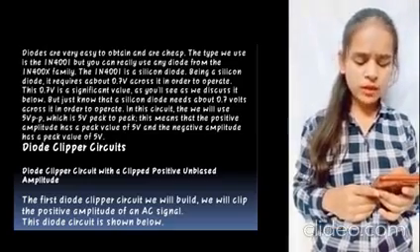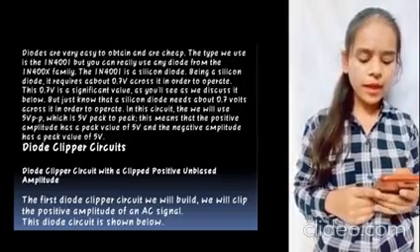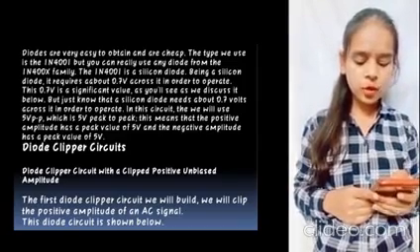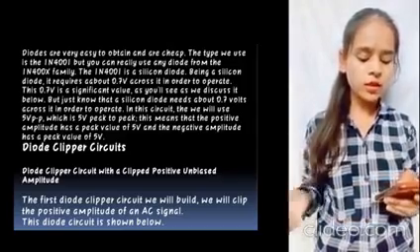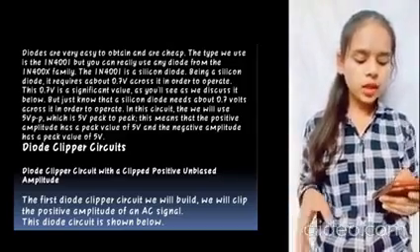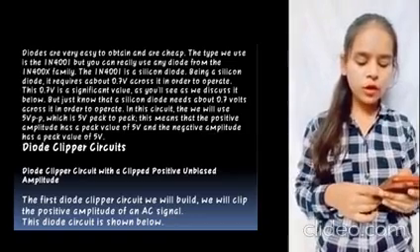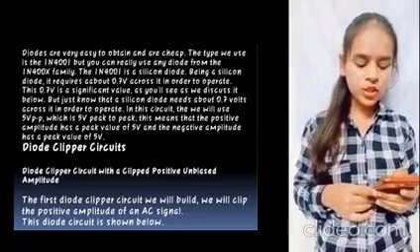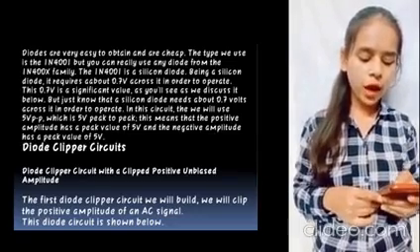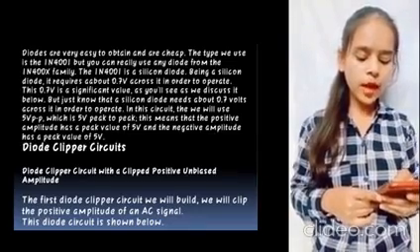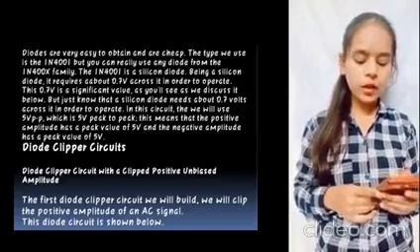This 0.7V is a sufficient value, as you will see in the discussion below. In this circuit, we will use 5V peak-to-peak, which means the positive amplitude has a peak value of 5V and the negative amplitude has a peak value of 5V. Diode clipper circuit.